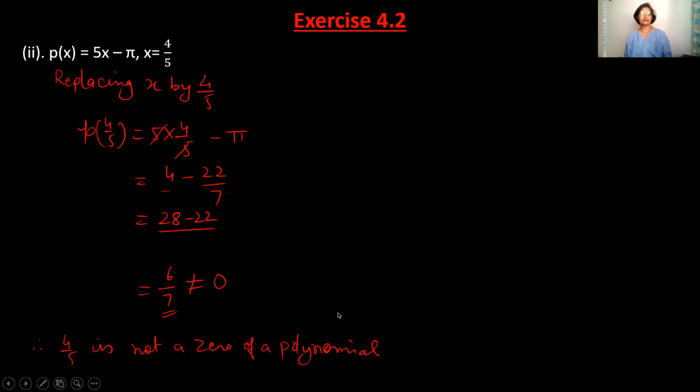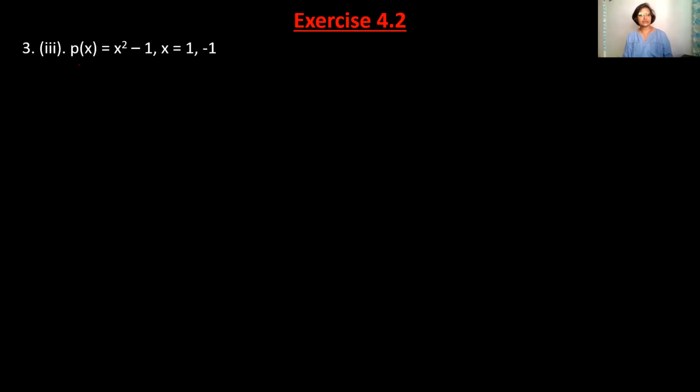Right? Then the next is P(x) equals x square minus 1, where x equals 1 and minus 1. So we have to replace with two values, one by one. So here replacing x by 1, what will happen?